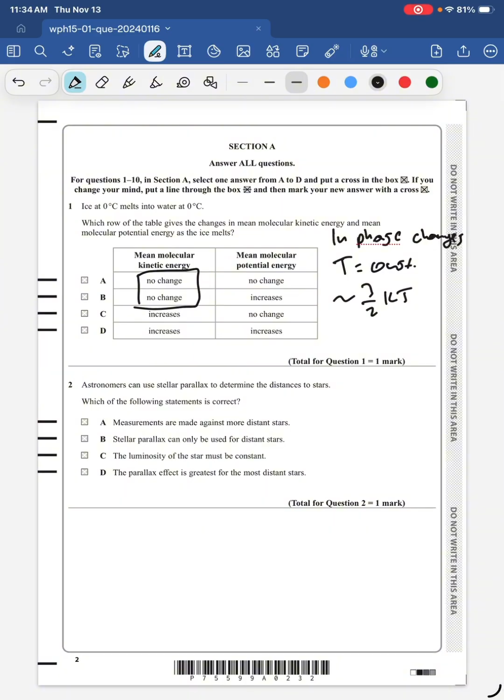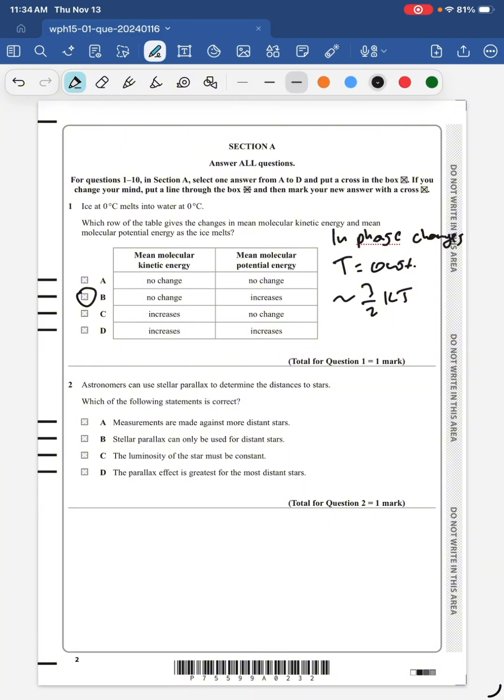For example, if the ice has a molecular potential energy of -30, in some arbitrary units, maybe -30 joules, then the water will have -5 joules, which means that the potential energy actually increases because -5 is larger than -30. I hope this makes sense. So the answer is B.